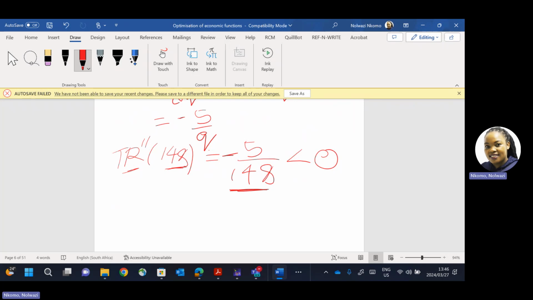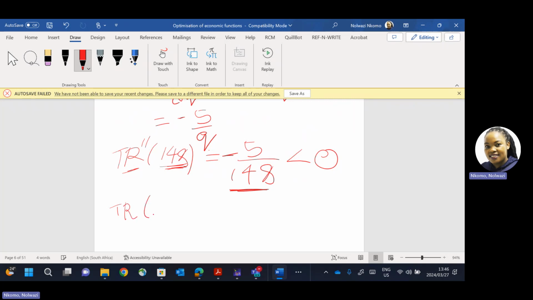Now, what is the corresponding value that we will have at maximum? What is the maximum total revenue? So you take this value and put it back into your total revenue function.